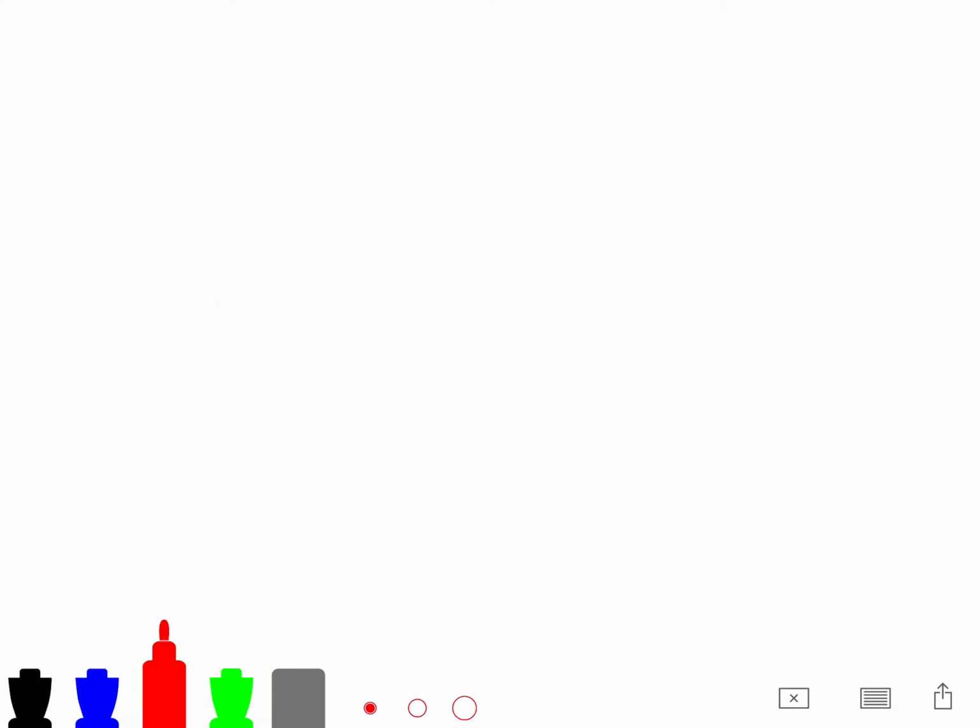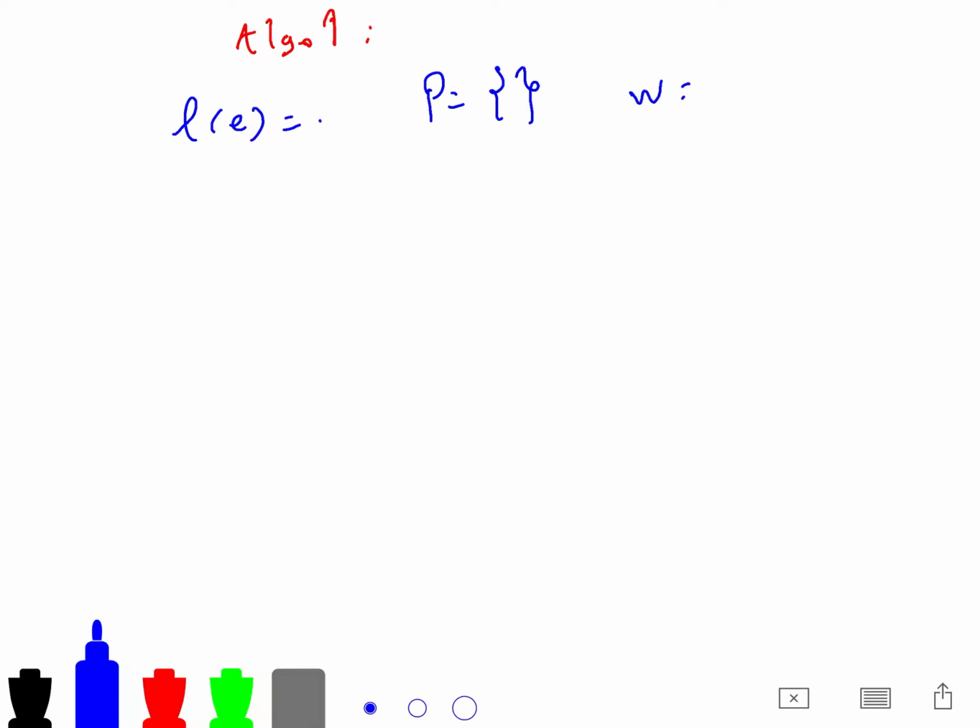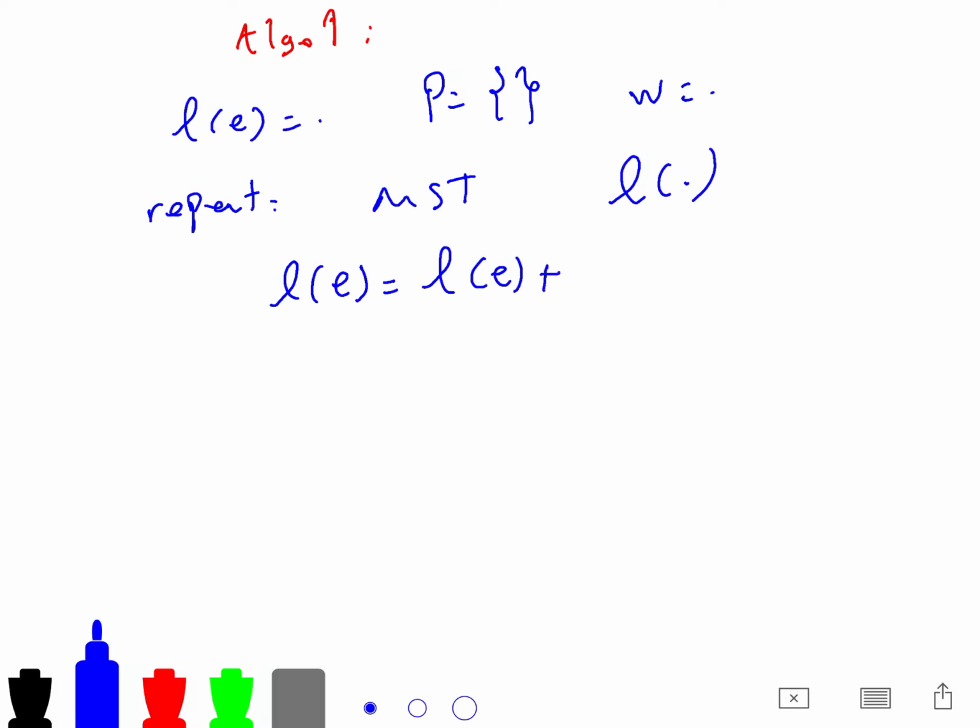We first initialize: the loading is 0, the packing is empty, and the weight is 0. Then we repeat: we find a minimum spanning tree with respect to this loading L, and for all edges in the tree, the loading is increased by epsilon squared over 3 ln of m.